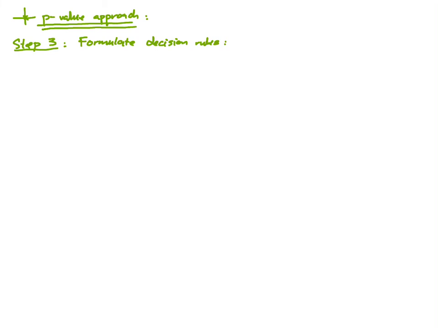Note that we are testing at the 1%, 5%, and 10% levels of significance. So alpha is equal to 0.01, 0.05, and then 0.1. The decision rule is to reject the null if the p-value is less than alpha.